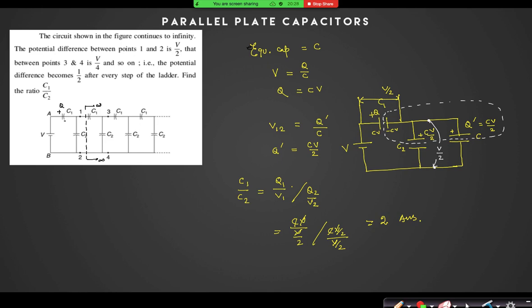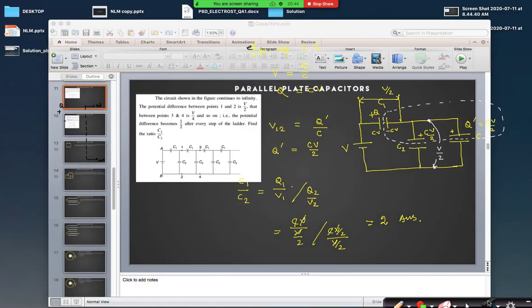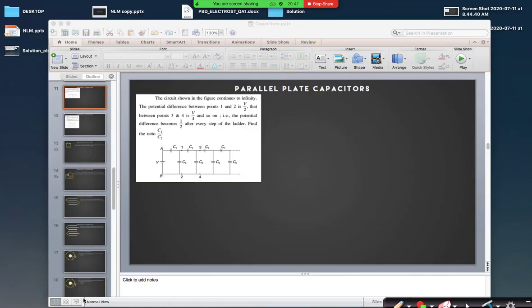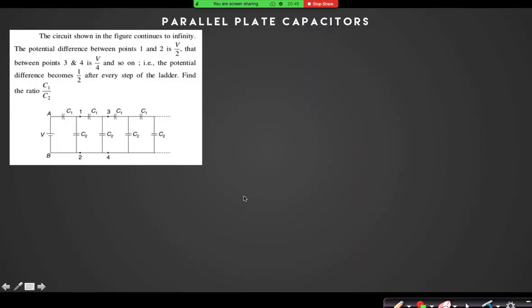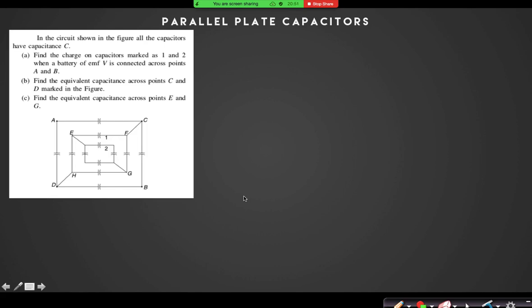But if the potential differences are already mentioned, then we can easily find it in this one. Is that solution clear? If there is any doubt, you can ask. Yes, sir. Try to solve this one now. Okay, then how will I do it?